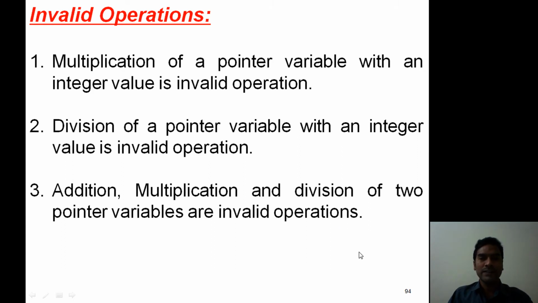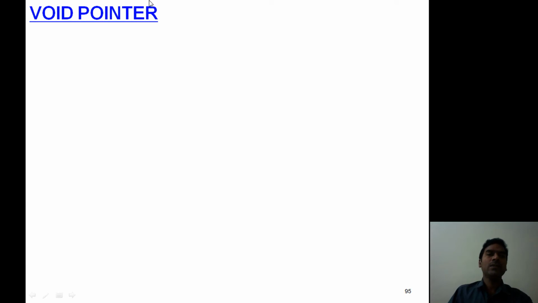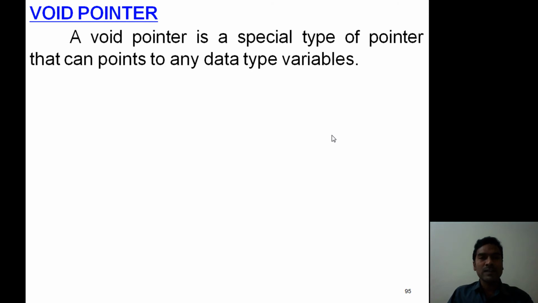Okay. So this is the concept of pointer arithmetic operations. Now another concept, void pointer. C language supports a special type of pointer that can point to any type of variable.